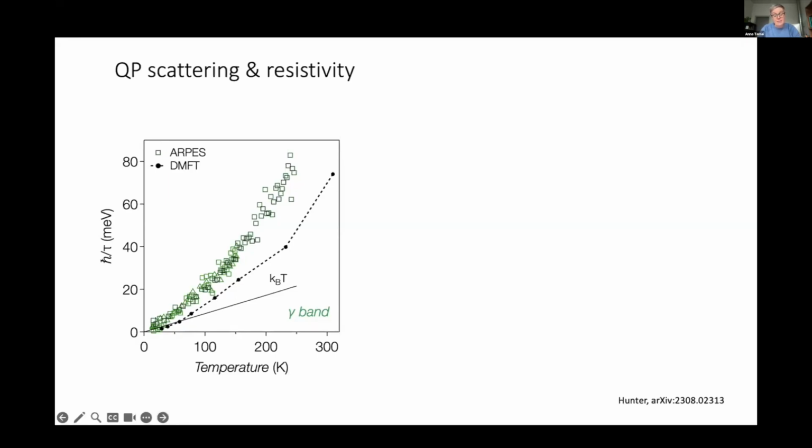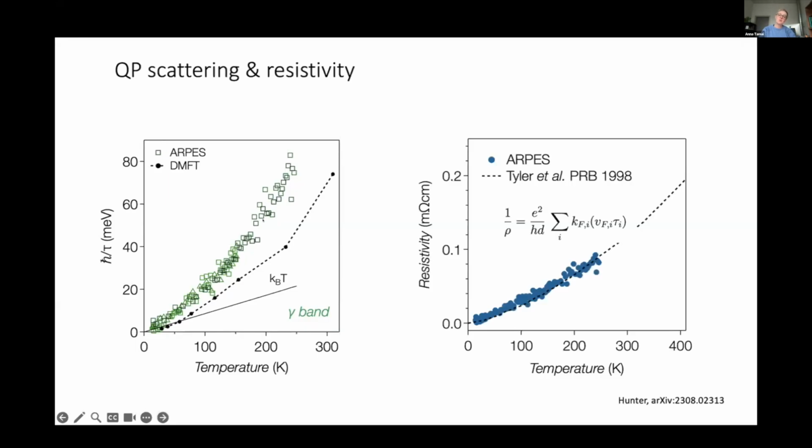This quasi-particle lifetime actually reproduces quite well the temperature dependence of the resistivity. So we use the quasi-particle lifetime to calculate the conductivity, and these are the experimental values from ARPES overplotted over the resistivity. What we are comparing here is also what the DMFT finds. DMFT seems to find a slightly smaller quasi-particle lifetime than experiment.